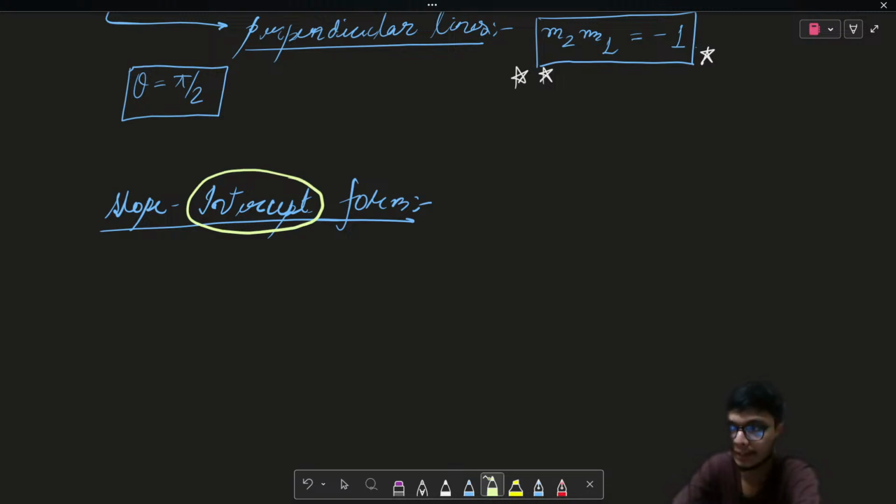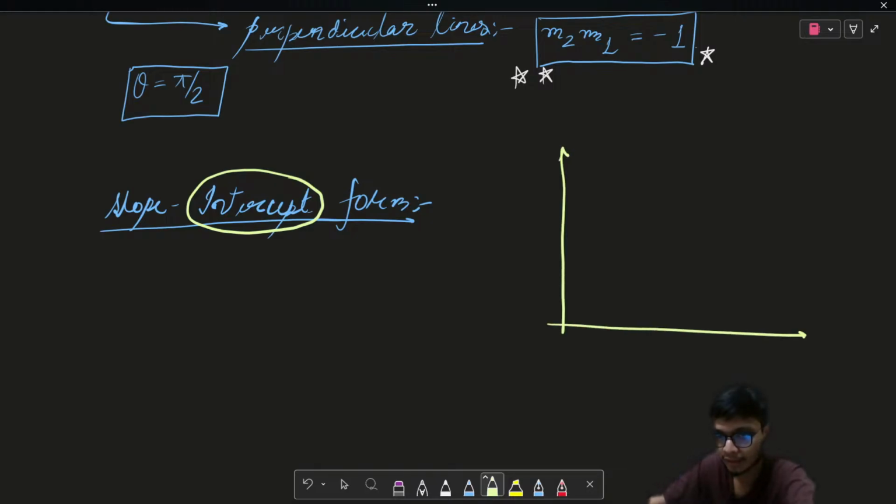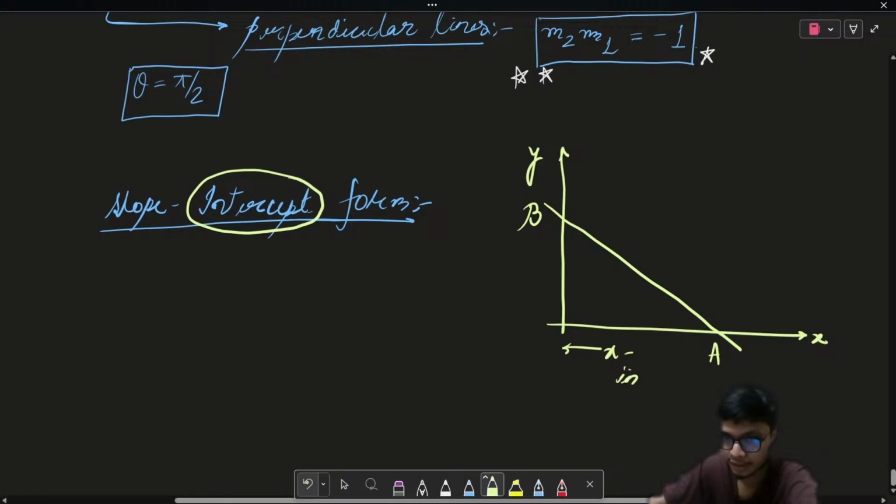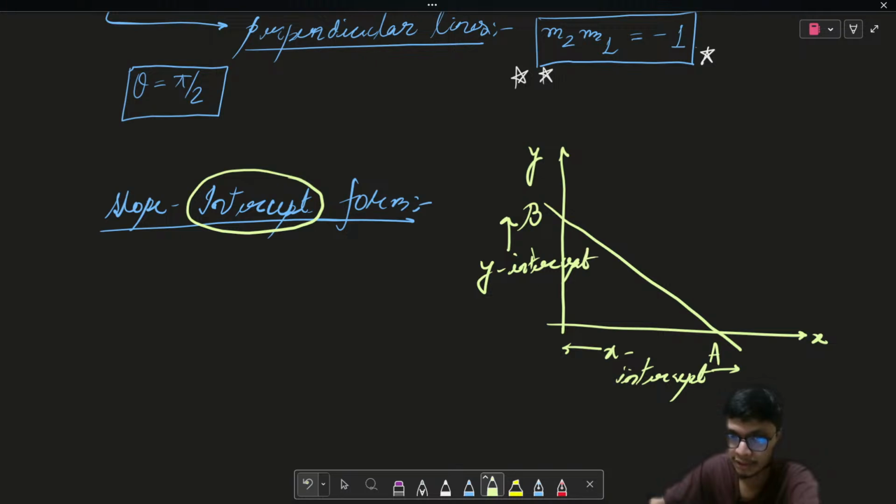If I try to talk about the intercept, suppose you have a line, let us say this is my coordinate axis x and the y axis, and this is my line, which meets the axes at A and B. The length from the origin to where the line intersects the x-axis is called the x-intercept, and the distance from the origin to the point where the line intercepts the y-axis is called the y-intercept.